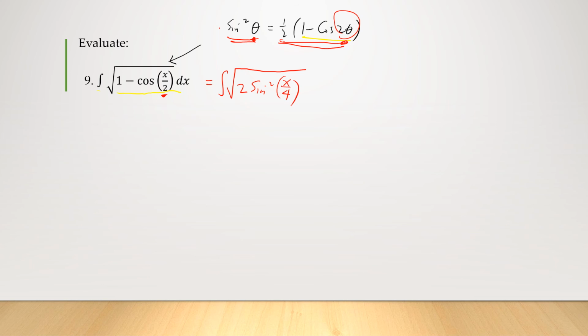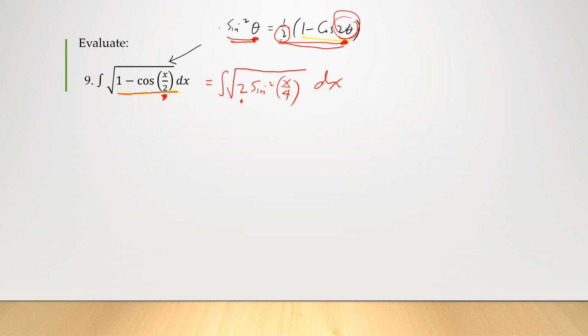Applying it to our radicand here, that will be equal to sine squared. The 2 at the right side by cross multiplication, so there will be a 2. And then sine squared, and the angle theta is 1/2 of 2 theta. So 1/2 of x over 2 is x over 4.